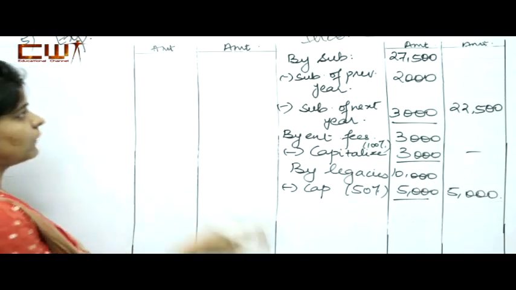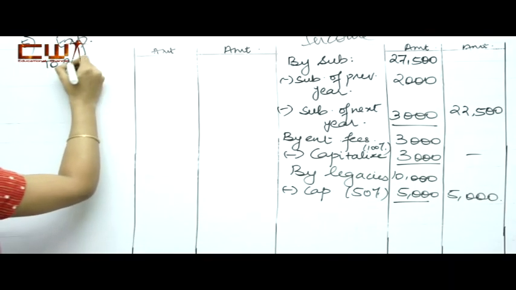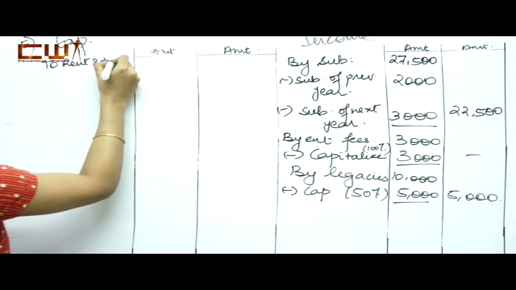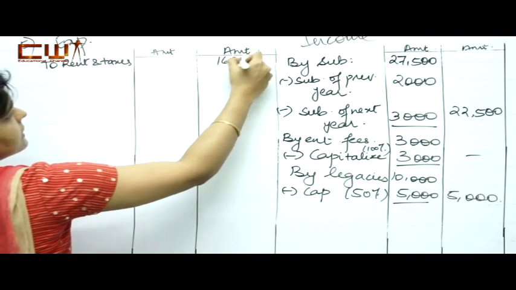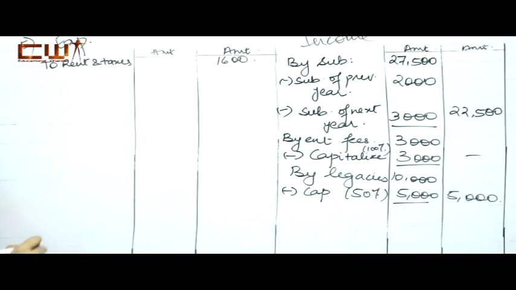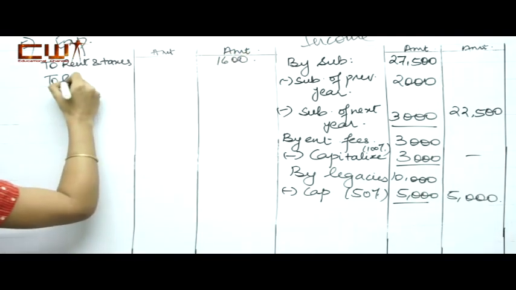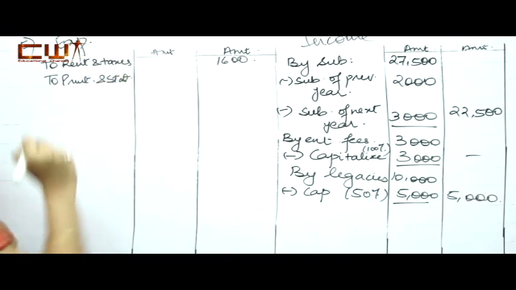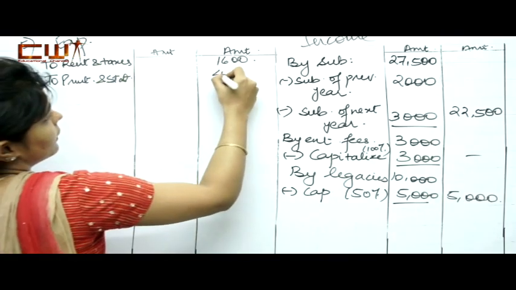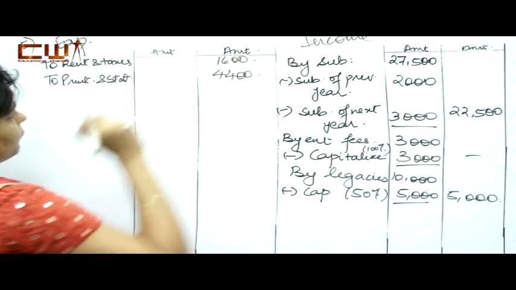After legacy, you will come on to the expenditure side. You have rents and taxes. To rent and taxes, there is no adjustment. Directly you will write 1,600, right? Next you have printing and stationery. How much? 4,400.